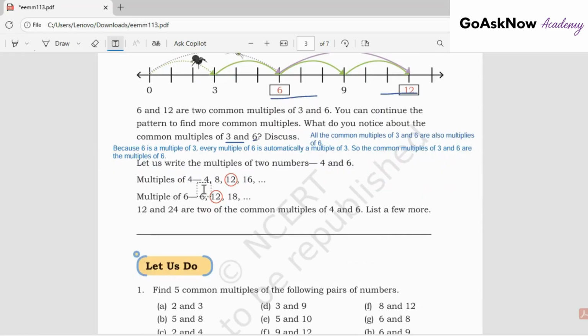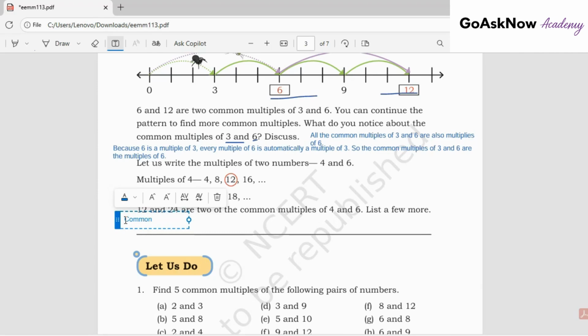Next, let us write the multiples of two numbers, 4 and 6. The multiples of 4 are 4, 8, 12, 16. The multiples of 6 are 6, 12, 18. 12 and 24 are two of the common multiples of 4 and 6. List a few more. Here the list of 4 will continue.